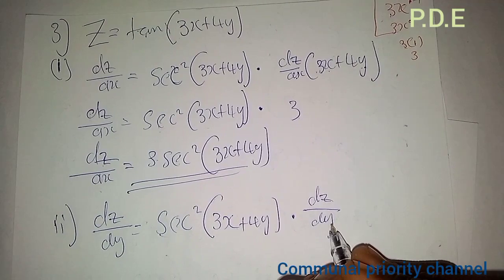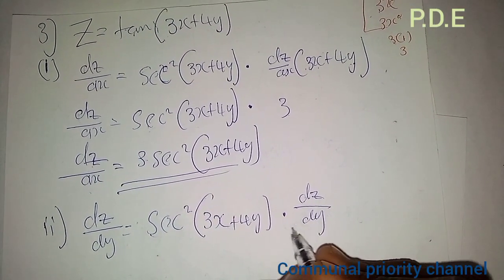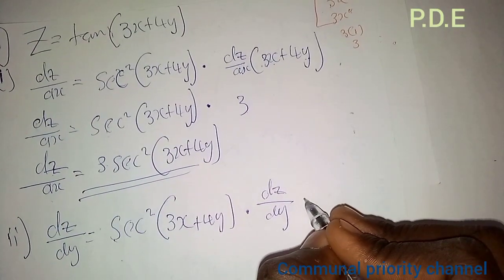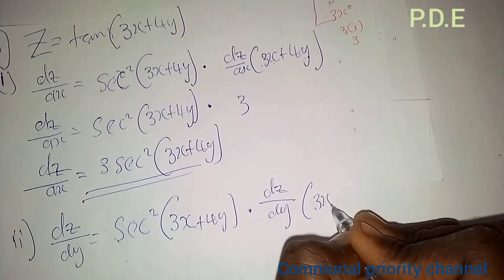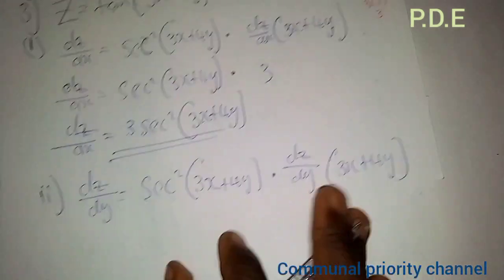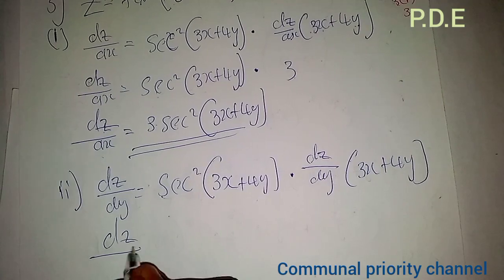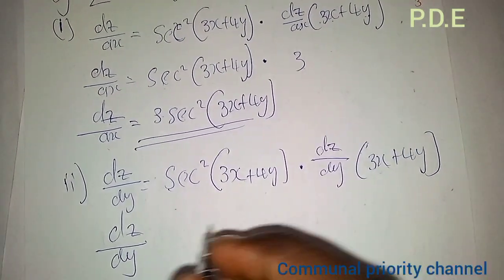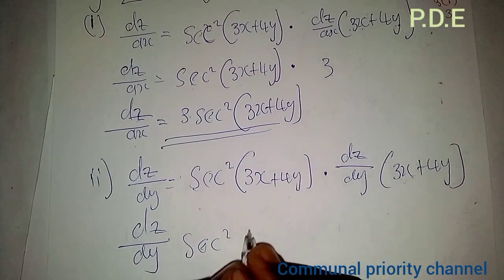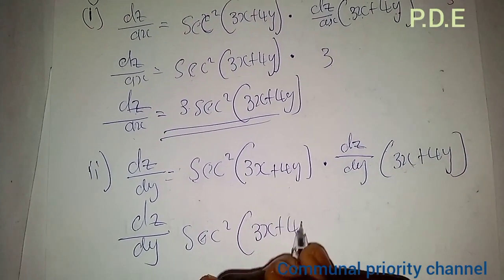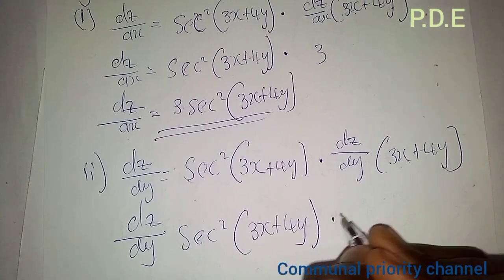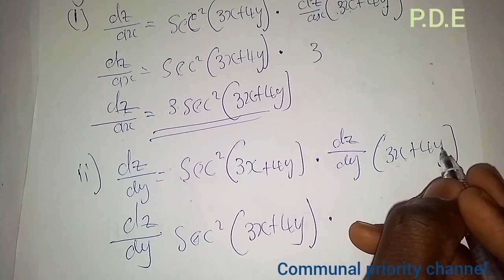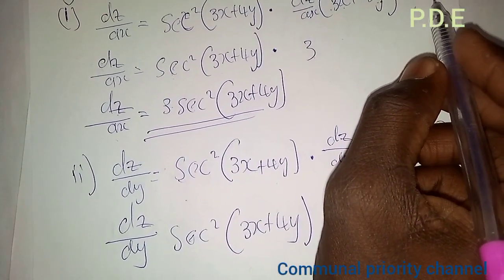Now we are going to differentiate in respect to y, because previously we differentiated in respect to x. So this value is (3x + 4y). As we did before, if we are differentiating in respect to y, our 3x is going to be 0 because it has nothing to do with y. So this will be sec square (3x + 4y) multiplied by the differentiation of 4y, which is going to be 4, as we did for 3x, which was 3.